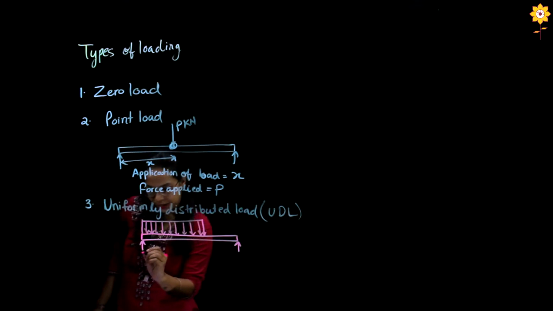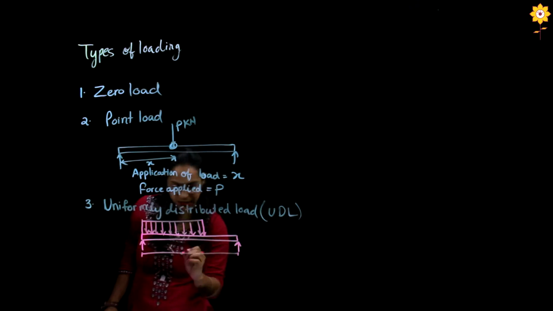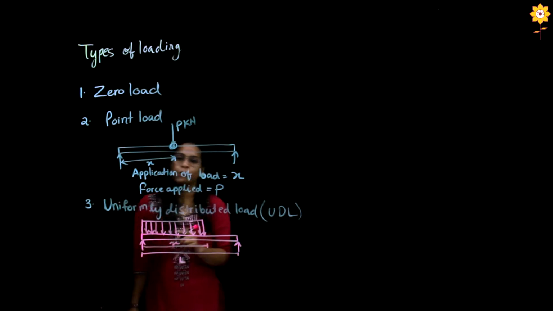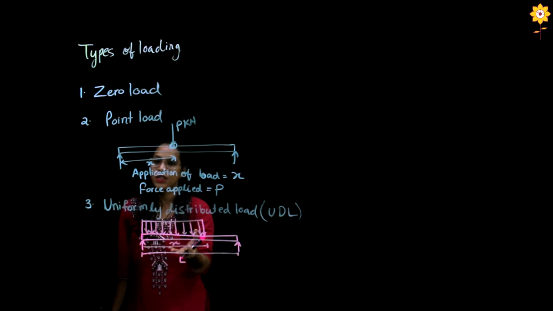Let us assume that the total distance is L, and the distance where the UDL is acting is x. Before proceeding to solve any problem with a UDL, we need to first convert the UDL into a point load.